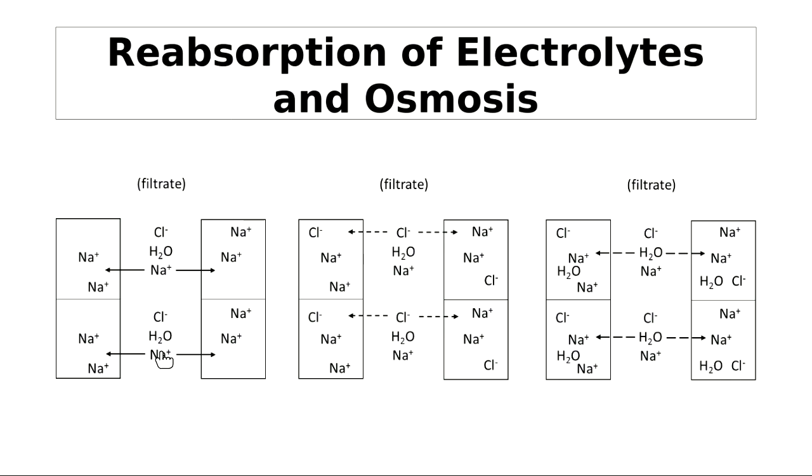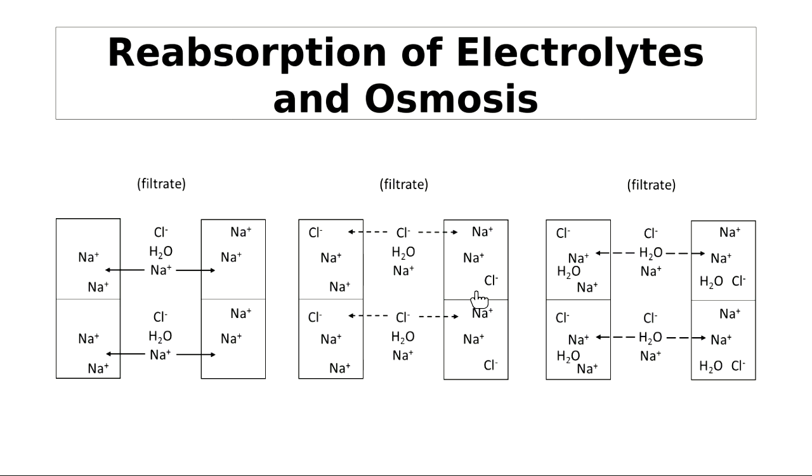Look at drawing 2 over here in the middle. Chlorine is a negative ion, and it's attracted electrostatically to sodium because it's a positive ion. And chlorine can go in and out of the cell membrane, so chlorine is going to follow, and you see that now you have a lot of electrolytes or solutes inside of the cells of the distal convoluted tubule.